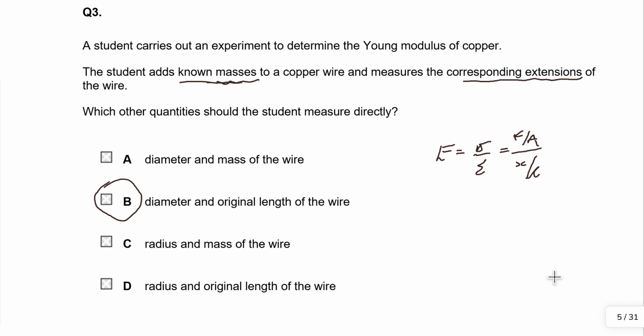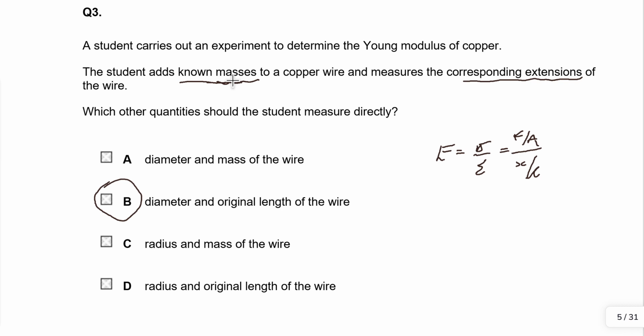Question 3, we are looking at what quantities the student should measure directly. It's an experiment to determine Young's modulus. You have done this as part of a required practical. The question says the student adds known masses.